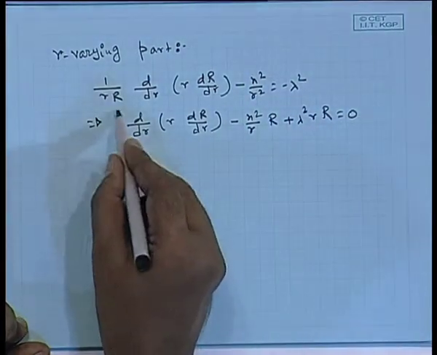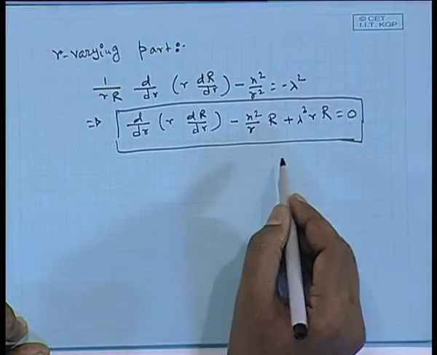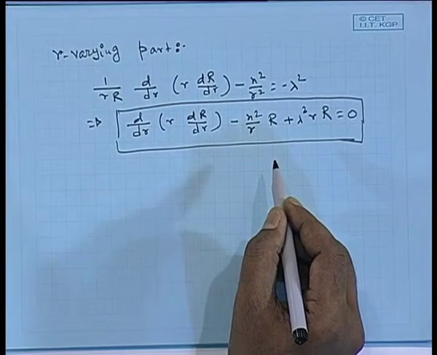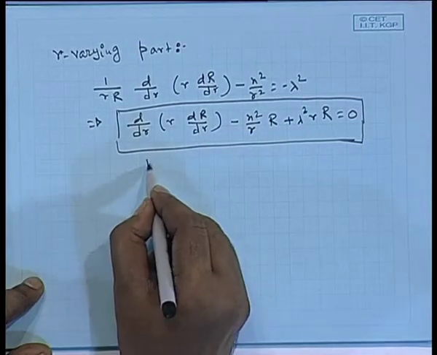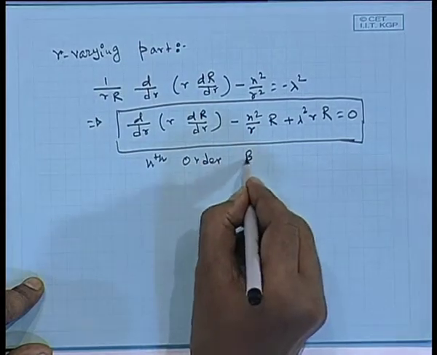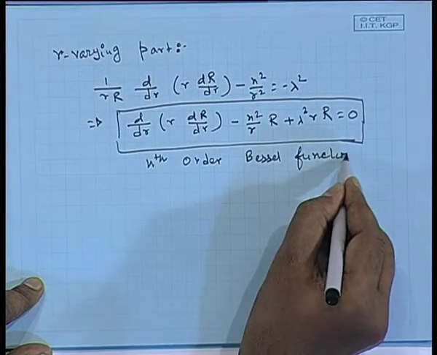Now, this equation is a standard equation. This is known as the nth order Bessel equation. Like the previous case, where we had the 0th order Bessel function.